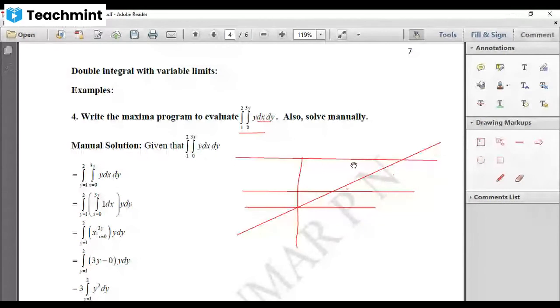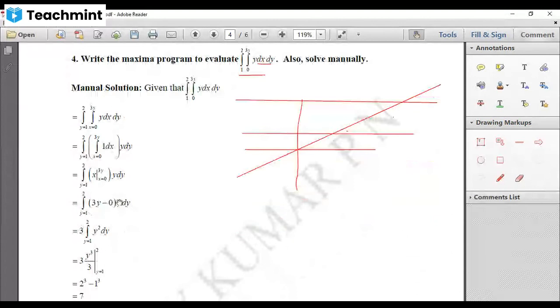This is your D. So this is the region where you have to find the limit. Now let us see. x varies from 0 to 3y, y dx dy. y varies from 1 to 2. Now as I said, because the limit contains y, it is the limit for x. If it is containing x, then it will be limit for y.